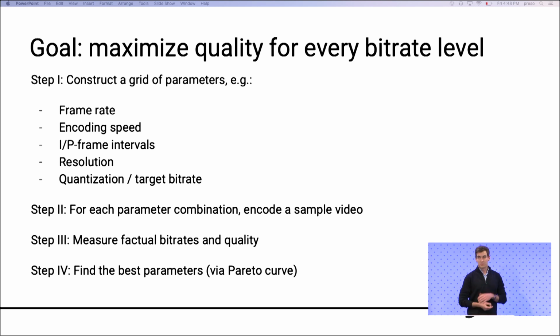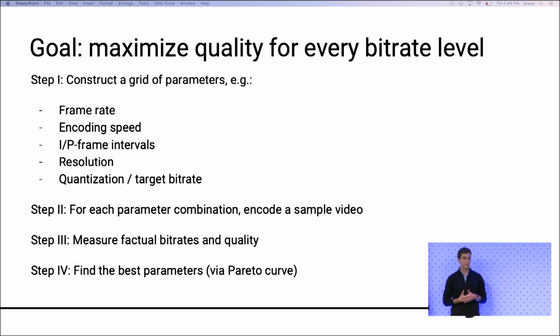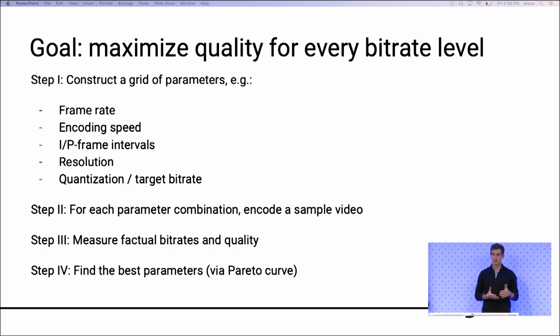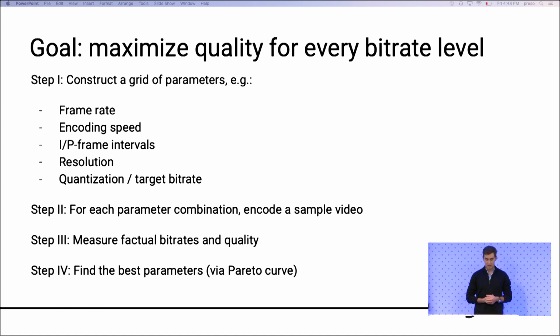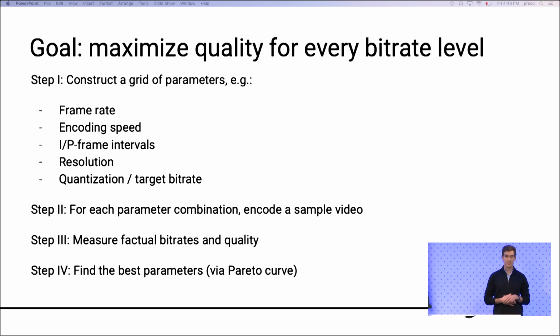So our goal here, when we started working with the encoder, is to maximize the quality for every bitrate level that we need from the encoder. And we came up with a very simple 4-step framework. First thing, we identify which knobs the encoder has. In the case of H.264, this is a list of the main parameters that you would typically tune.